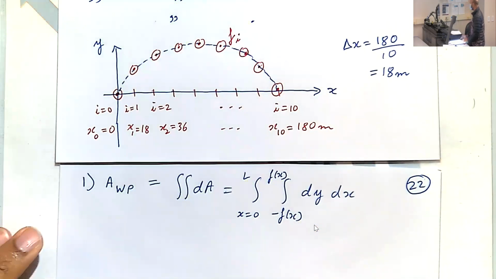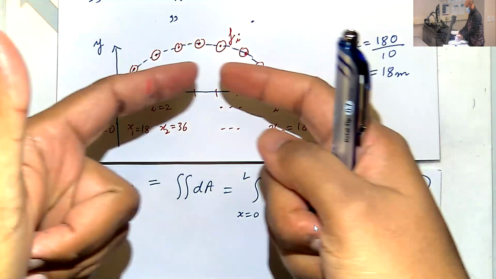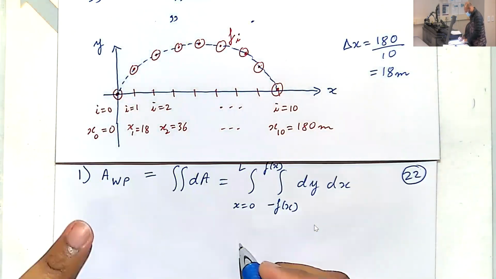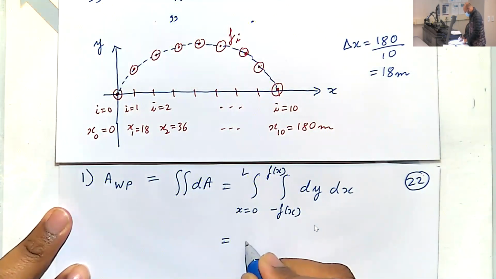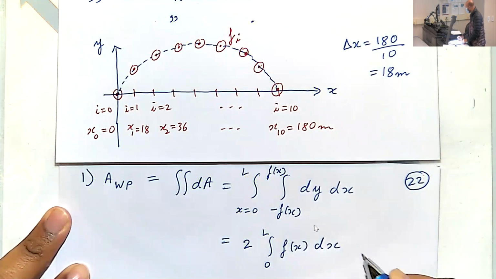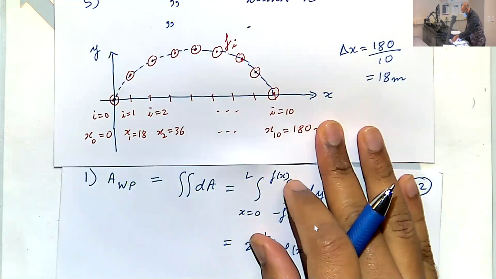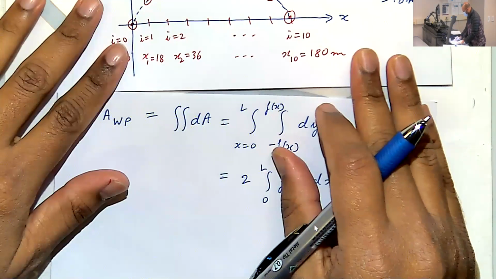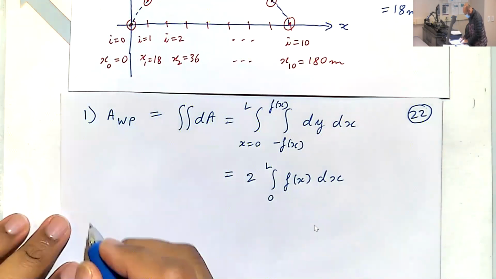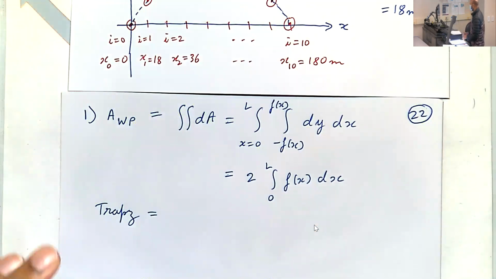So it's what you said, but 2 times that. Intuitively you can see what you compute will be half of the water plane area, so 2 times that gives us the full thing. So this ends up being 2 times the integral from 0 to L of f of x dx. All right, so the first question says use trapezoidal rule. So trapezoidal rule. All right, help me set it up.